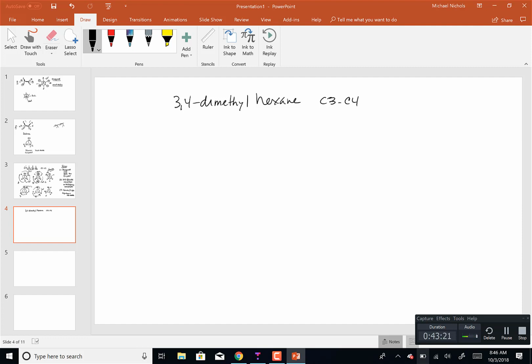So what are you going to have to do? You got to draw it out first, and then you got to transfer that drawing into a Newman projection.